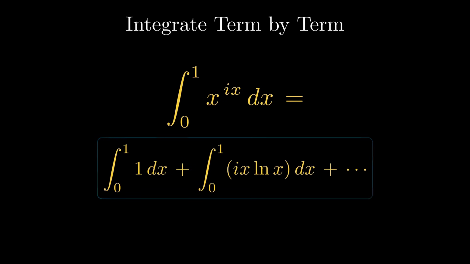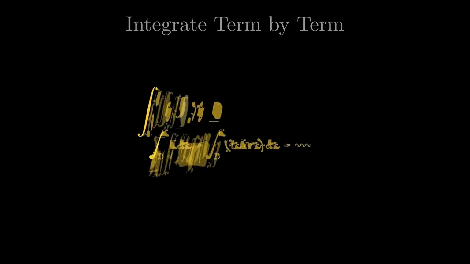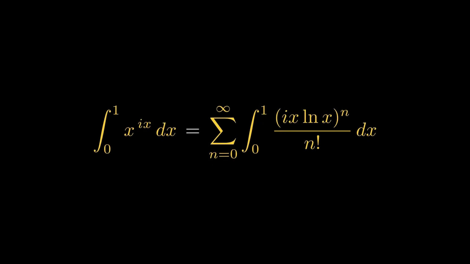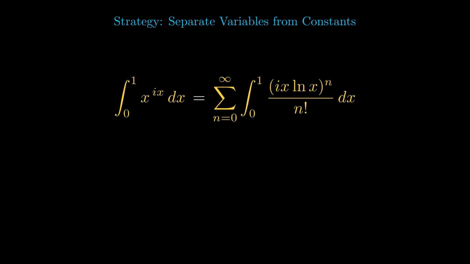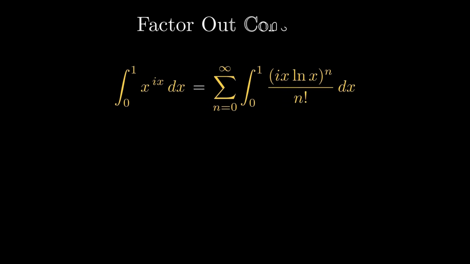Now compress it into sigma notation. The integral from 0 to 1 of x to the ix dx equals the sum from n equals 0 to infinity of the integral from 0 to 1 of (ix ln x) to the n divided by n factorial dx. Next, separate the constants from the x part. i to the n over n factorial does not depend on x, so it comes outside.